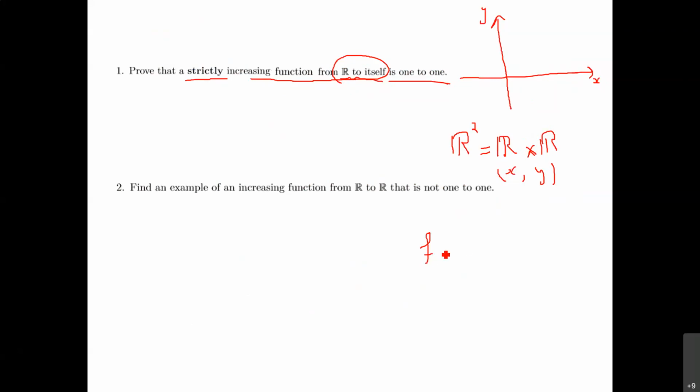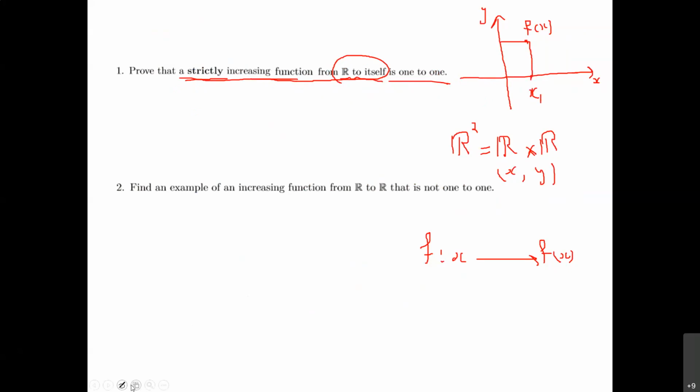It takes your X and gives you f of X, which is going to be Y. So for example, this one, X1, gets mapped to something here, f of X. Anywho, prove that a strictly increasing function from R to itself is 1-to-1.